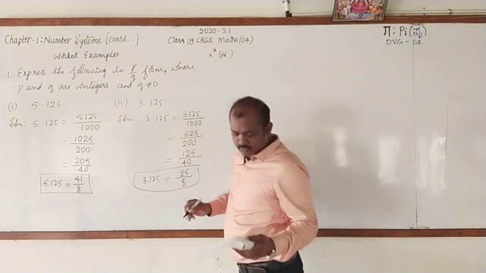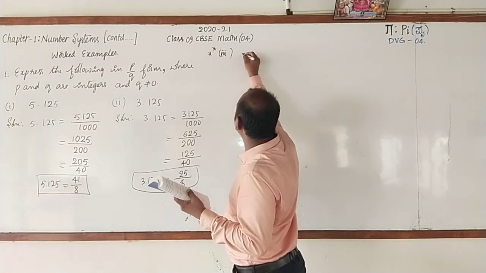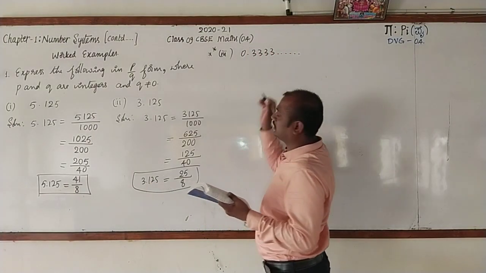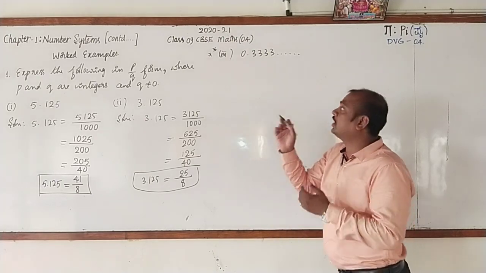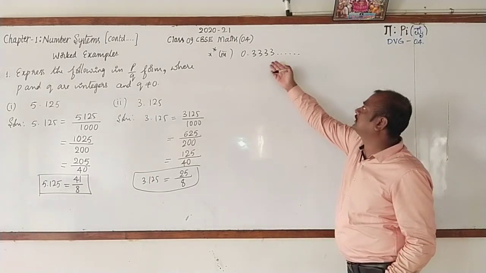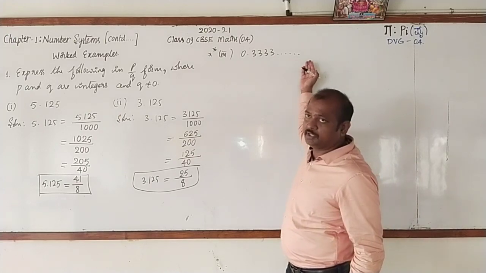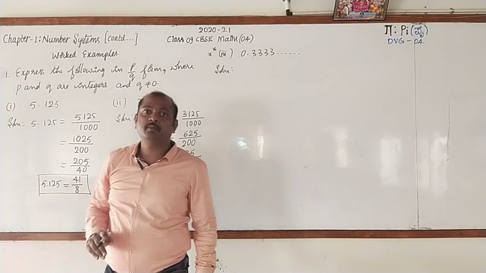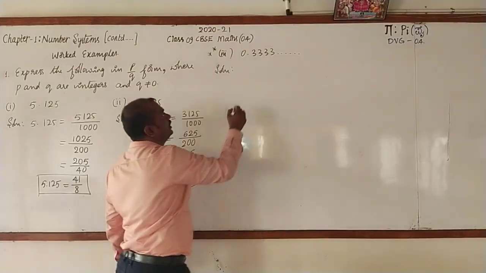It is 0.3333 and so on. See that it is non-terminating recurring. There is no end at all and the digit is being repeated. Let us come to know how to express that in the form of P by Q.